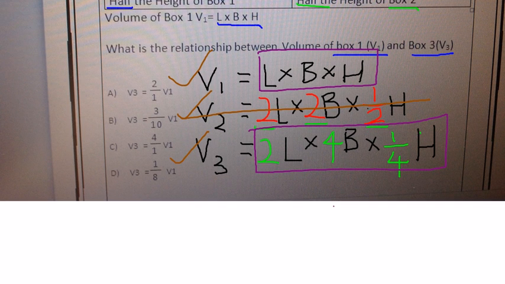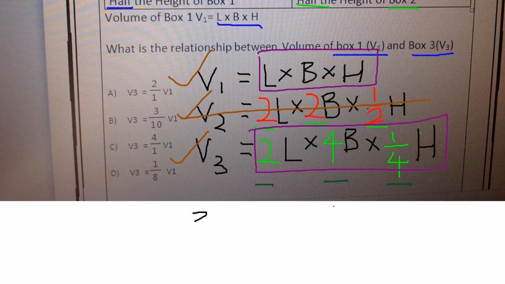Okay, for V3, you need to combine the three characters, which is L, B, and H, together. So how do I do that? It's very simple. We look at the numbers 2, 4, and 1/4, and we join them together.